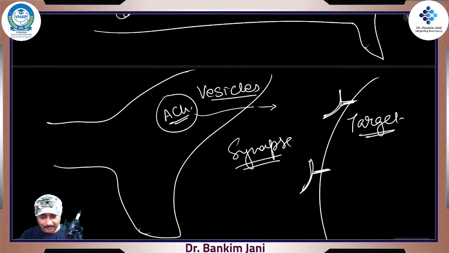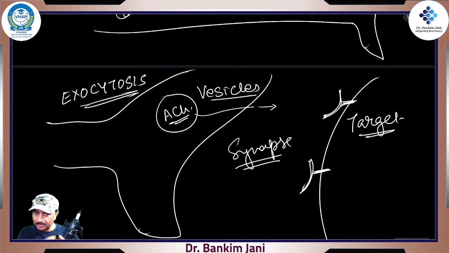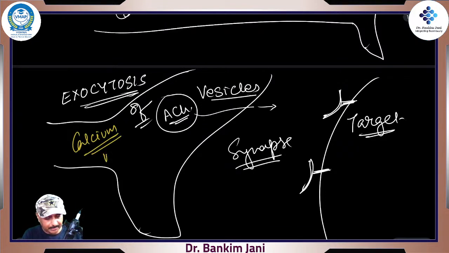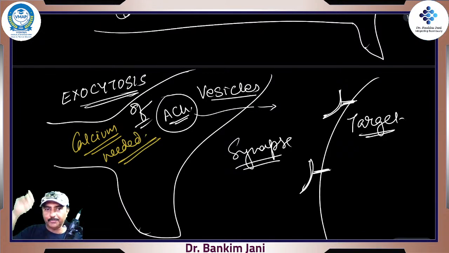For that purpose, when these balls go out, the process is called exocytosis. Exocytosis means they go out. So this is exocytosis of acetylcholine. For this, calcium is needed. So it means if you block calcium, this acetylcholine will not go out.